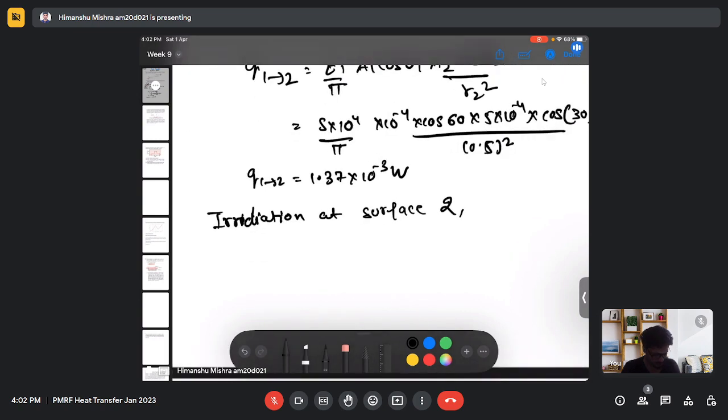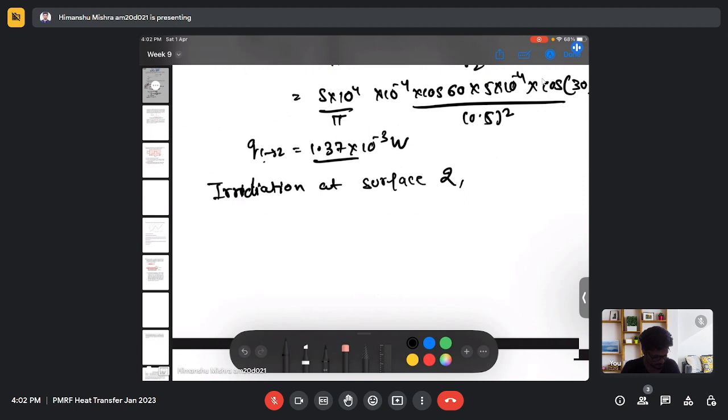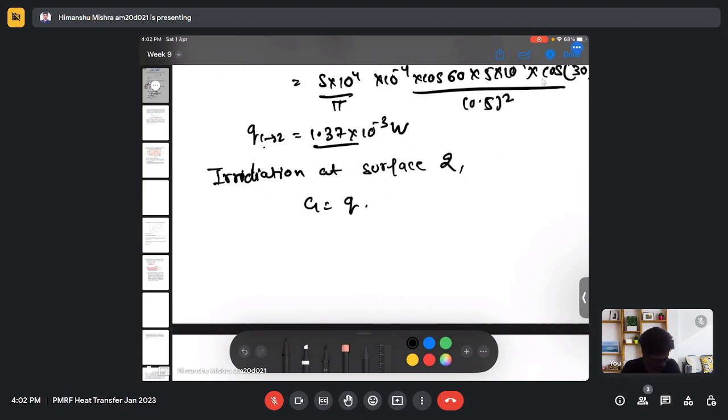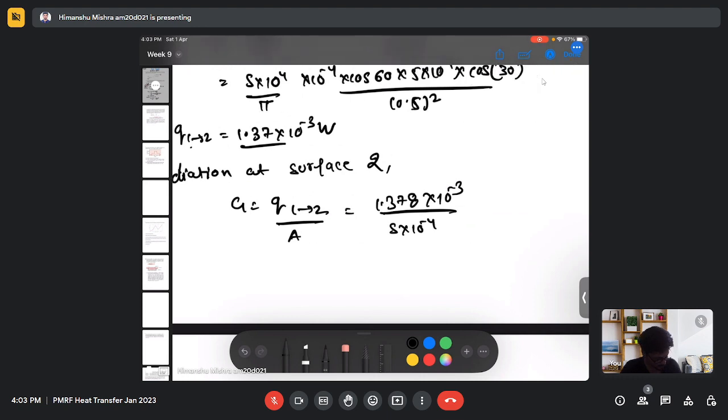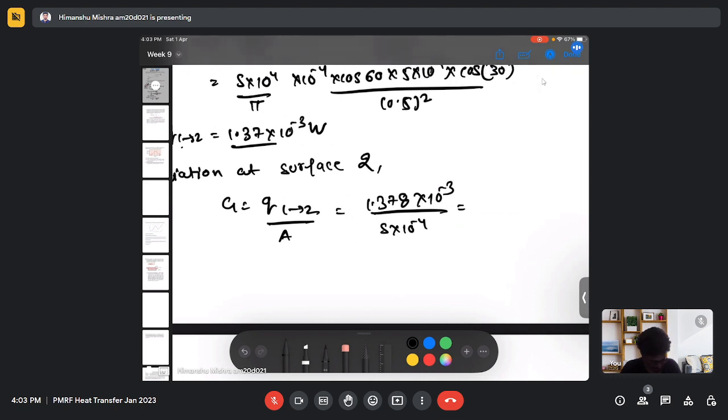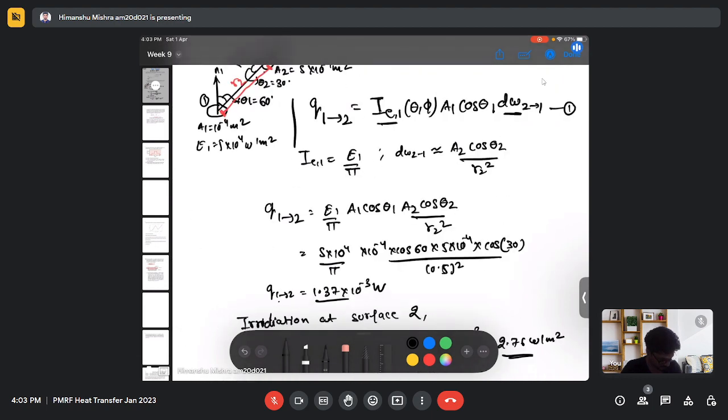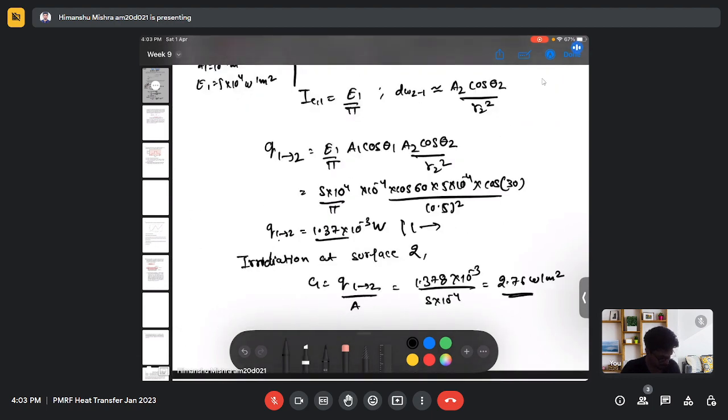So the total heat transfer from surface 1 to 2 will be 1.37, and my irradiation will be the total heat transfer from surface 1 to 2 divided by cross section area. So it will be around 2.76 watt per meter square. So this is my irradiation at surface 2, and this is my heat transfer from surface 1 to surface 2.